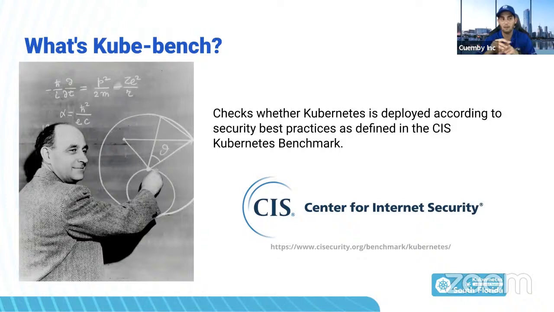The interesting thing about Kube-Bench is that all the checks it does are according to the best practices in the CIS, the Center for Internet Security. I have a link here which I'll go to later to show you how it looks.